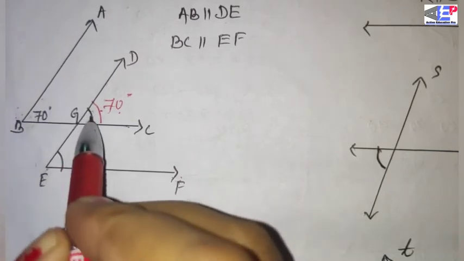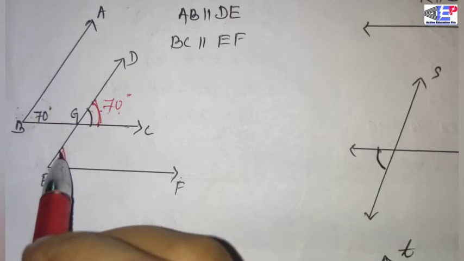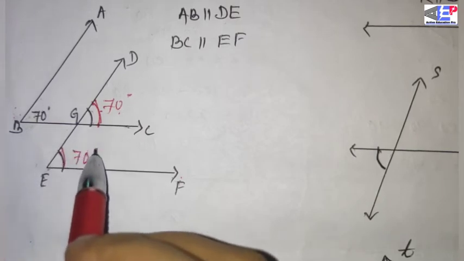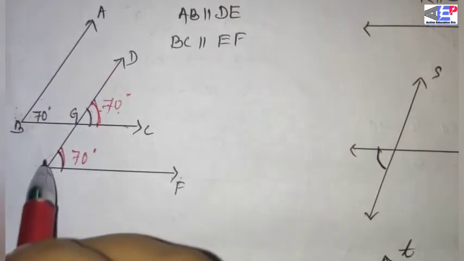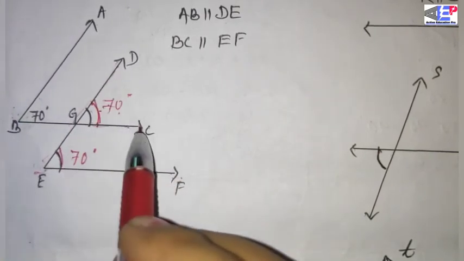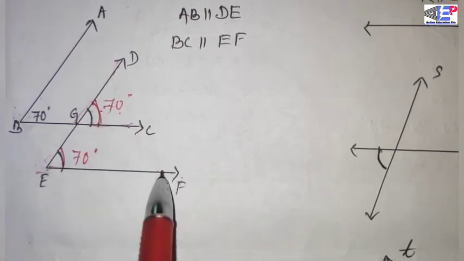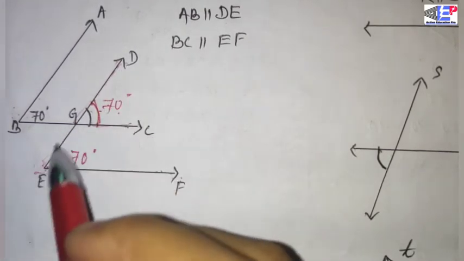Now this angle is equal to this angle. Why? Of course, it is a corresponding angle to this angle. DEF is corresponding to DGC. Verified? BC, EF, and the transversal line is DE.